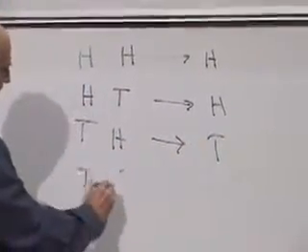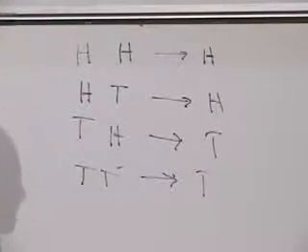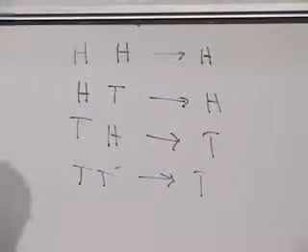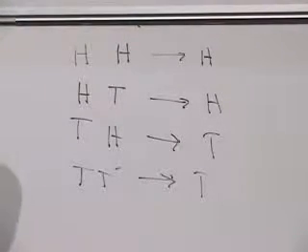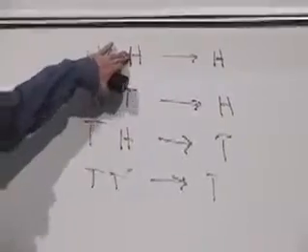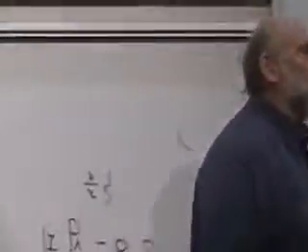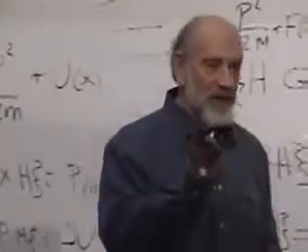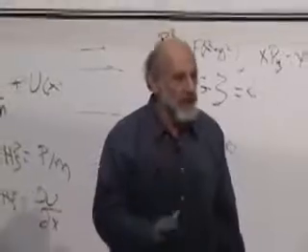And if the last two were tails, tails, then it goes to tails. I think that's a possible law. Then you would say, I can't tell from the fact that it's heads where it goes next. And indeed, I can't. But that would just be another way of saying that a specification of a heads by itself is not what you would call a state.